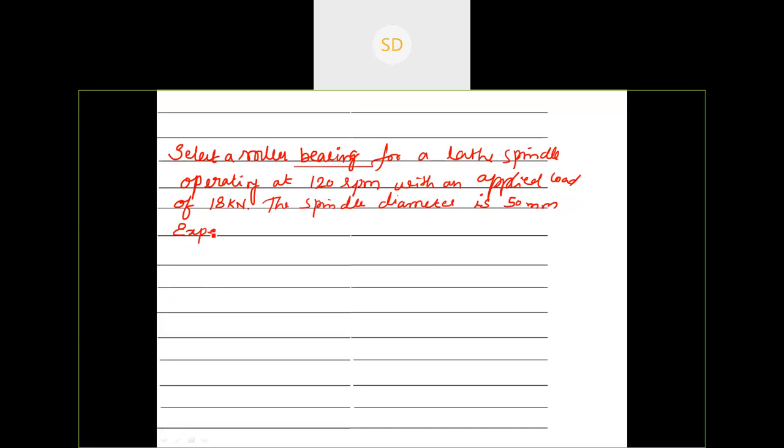So is it clear? Roller bearing 2310, because we need to maintain the diameter here.